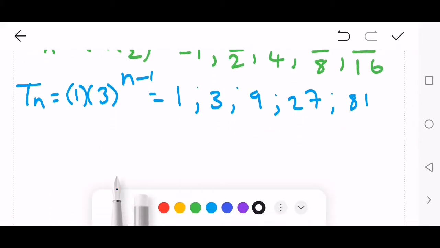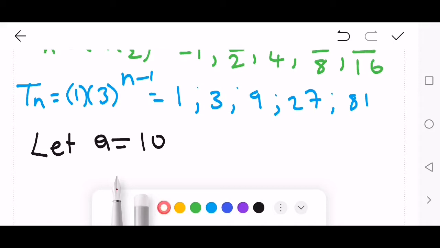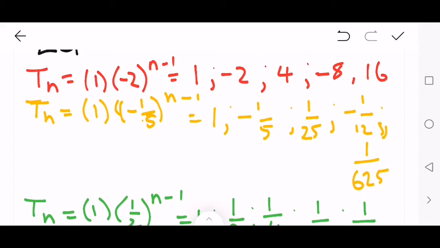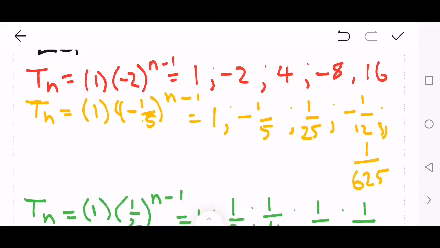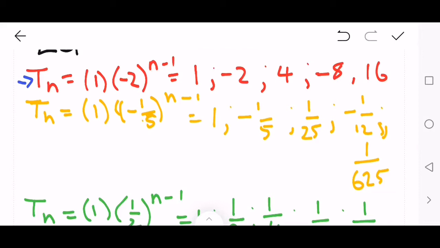Now let A be equal to 10. We will choose one of the sequences that we have considered, and we will choose the sequence with the common ratio of -2, and for it we will change the value of A from 1 to 10.